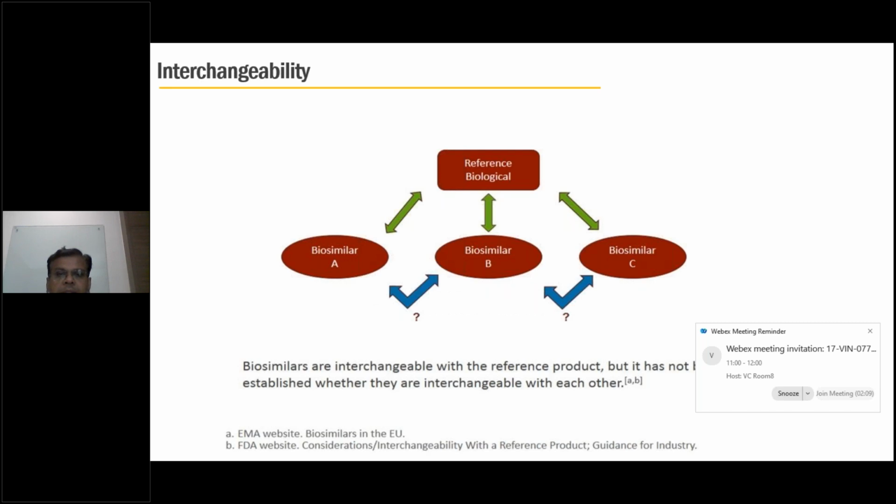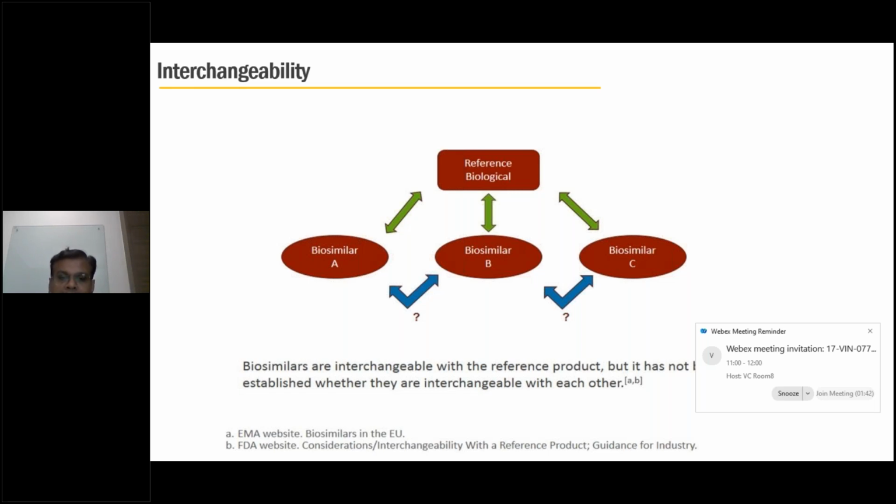So what is interchangeability? We already have a reference drug, and there is a biosimilar A available, a biosimilar B available, biosimilar C available. So you can switch from reference biologics to either biosimilar A or B or C. But when we talk of interchangeability, we are talking of whether you could switch from biosimilar A to B or B to C or A to C, whatever.